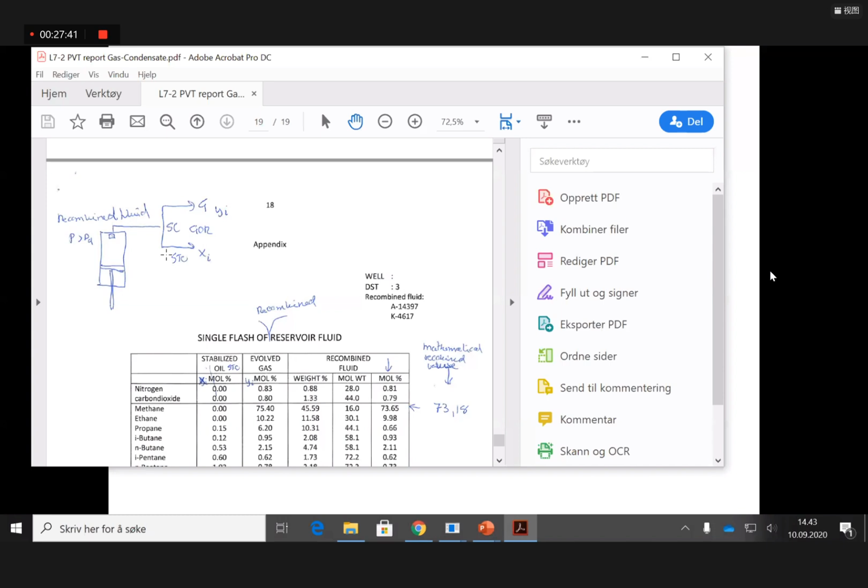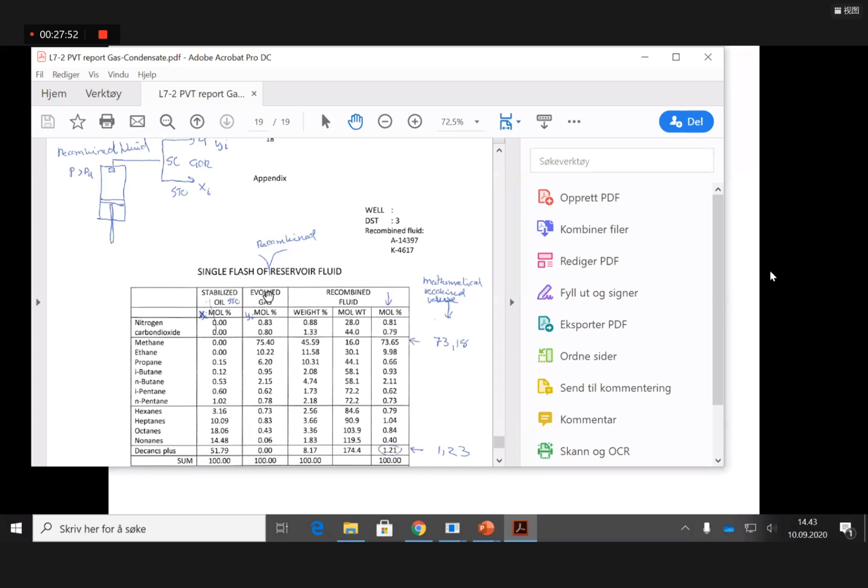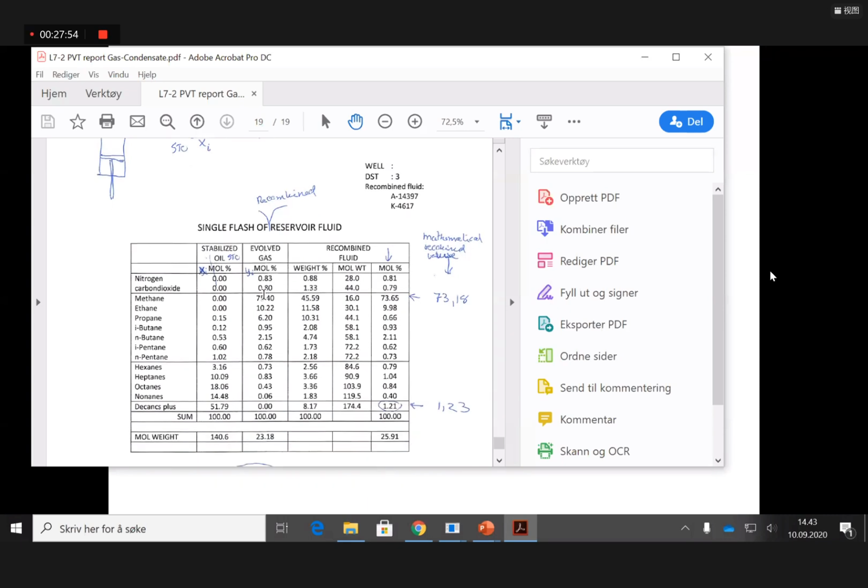We have done a single flash of that fluid down to standard conditions, and then we get the evolved stabilized oil from the single flash, and we get the evolved gas composition from the recombined reservoir fluid. And then we mathematically can recombine it, so we know the composition of the reservoir fluid that we have.